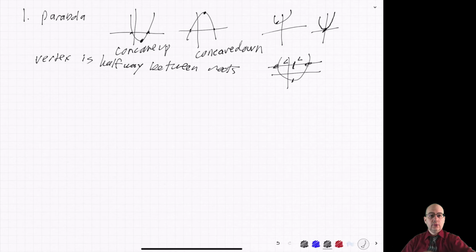Those 2 points, the distance along the x-axis from that to the vertex is the same as from this to that point. Okay? When I say halfway, it's the x location. All right, good. So that's really the visual stuff that you should try to keep in mind.